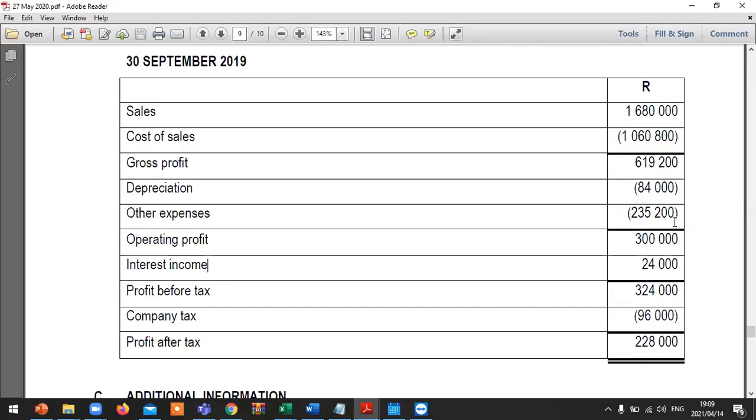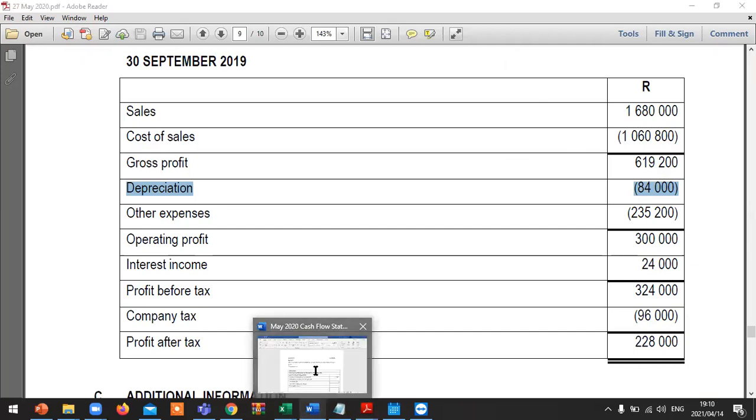We are given depreciation as 84,000 rands. Can you all see the depreciation? Yes. Okay.